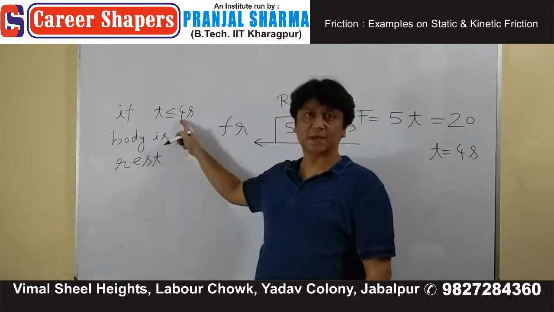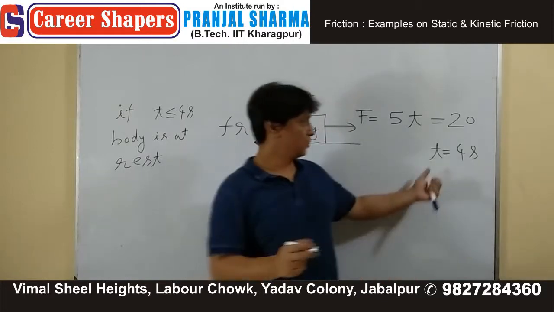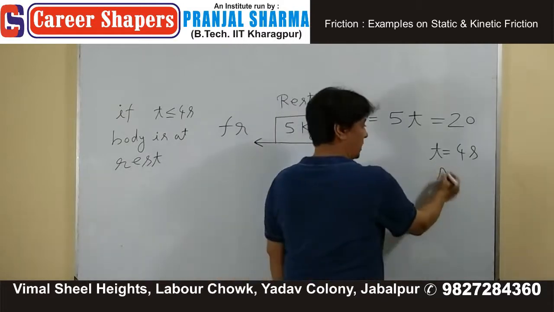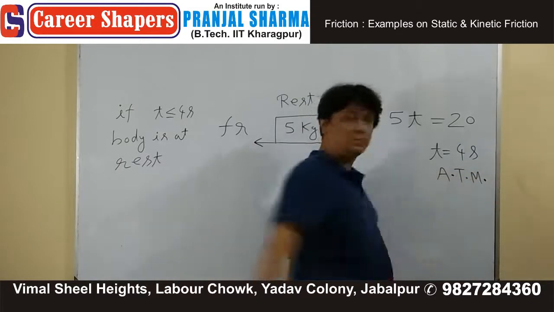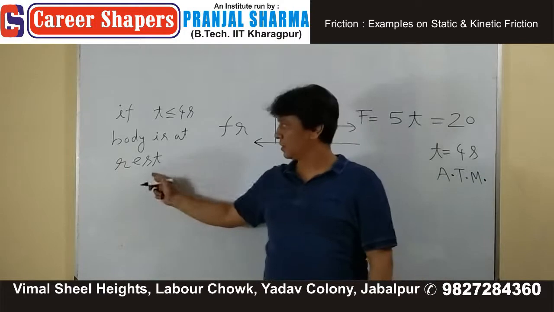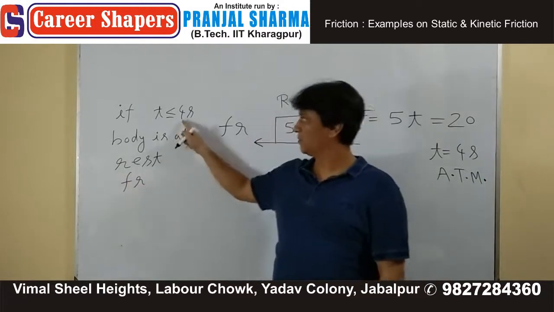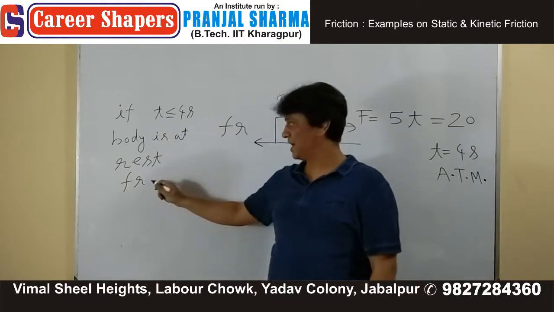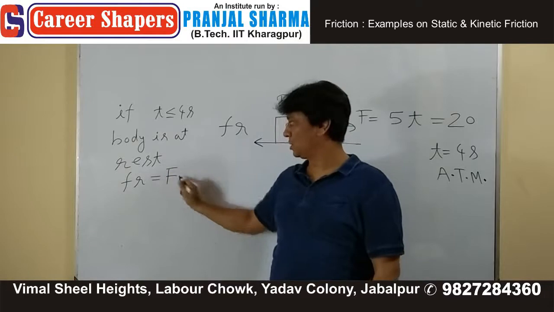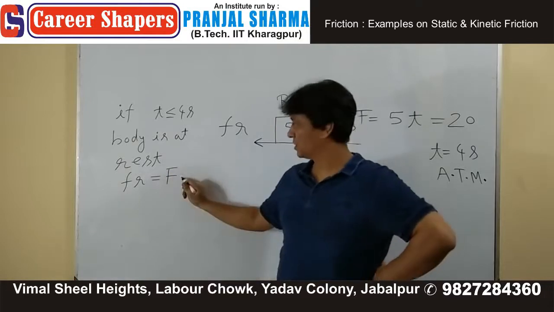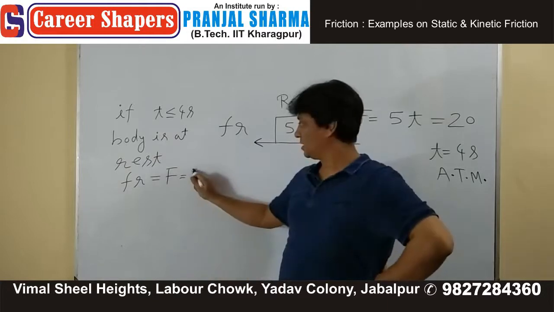If t is less than 4 seconds, body is at rest. At t equals 4 seconds, you know that body is about to move. Which means for this time, Fr is always equal to what? Pulling force, which is 5t.